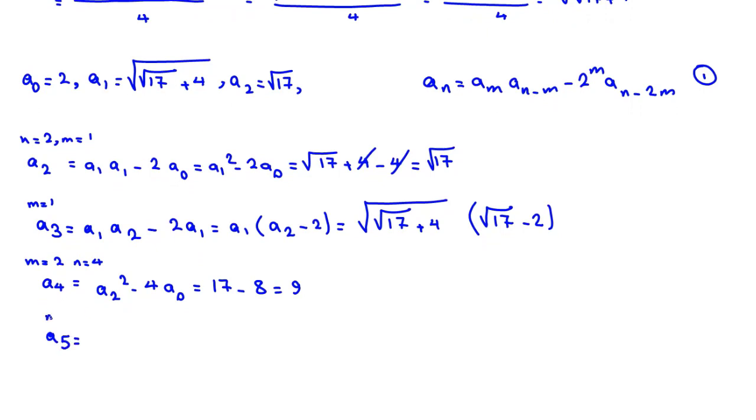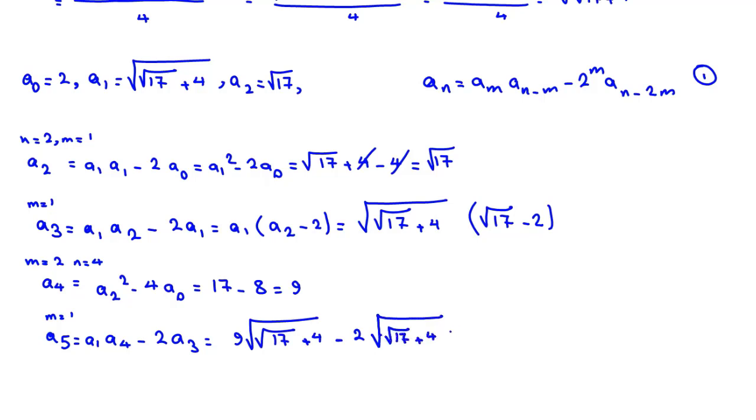Okay, here you can say m is 1, so it will be A1 times A4 minus, for example, 2 times A3. 5 minus 2 is 3. Okay, so A1, A4, because A4 is 9, you can say 9 times (square root of 17 plus 4), minus 2A3 will be minus 2 times (square root of 17 plus 4)(square root of 17 minus 2).